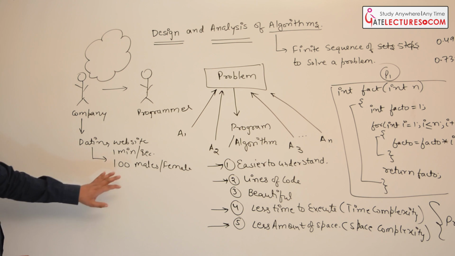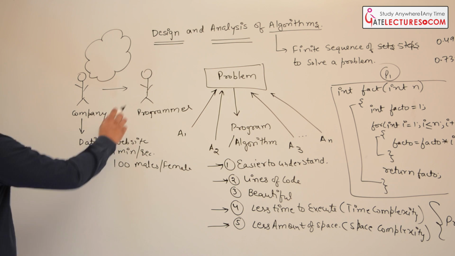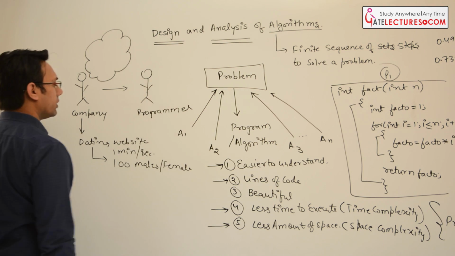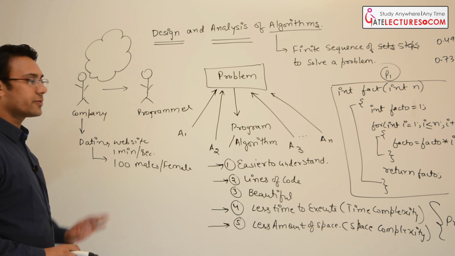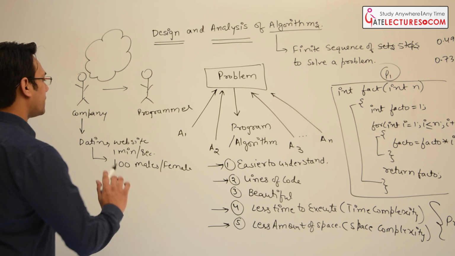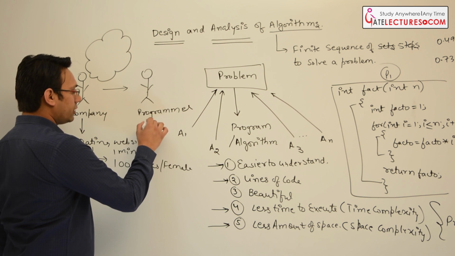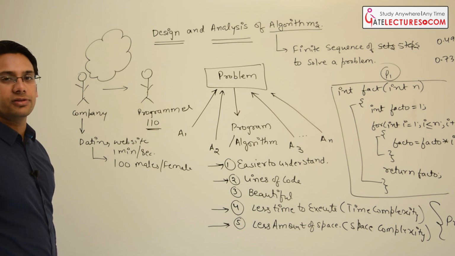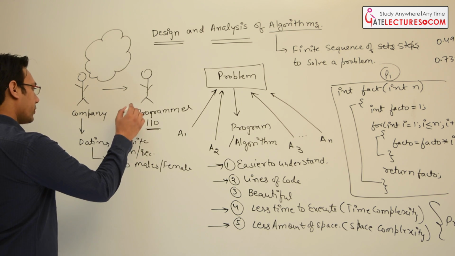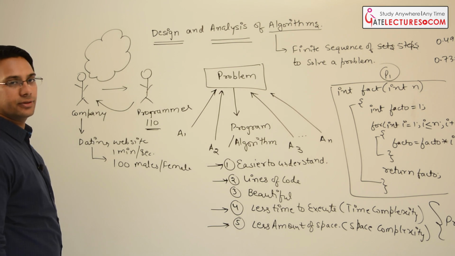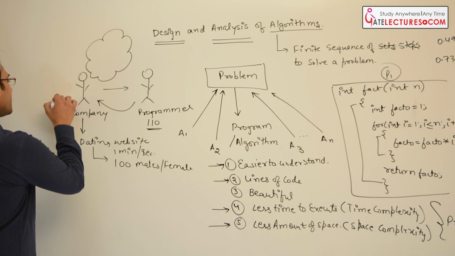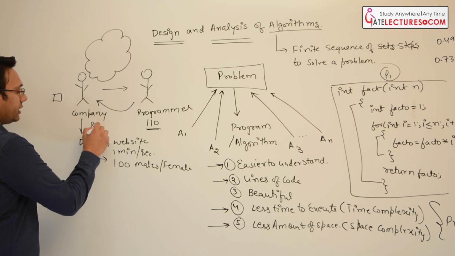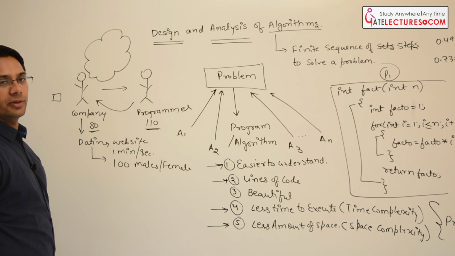Now, he says, sir, please write a program for me. And you are very proud that you got a project and you are writing this program. You have done the program, and on your system, it is giving you a list of 110 males or females around the area. Now you deliver this program to your client, and on the client's machine, this program is going to deliver somewhere around a list of 80 males or females around the area.